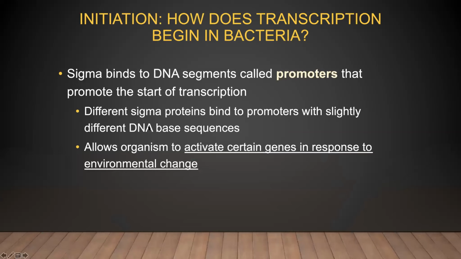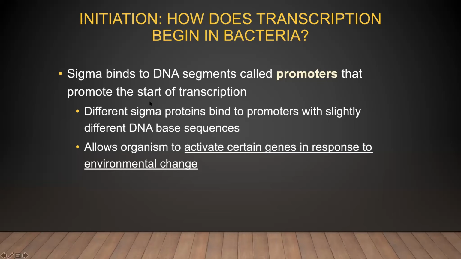All right. So how does sigma then know where to bind on this DNA segment? This is known as the promoter region. We will see that promoters are required for both bacteria and eukaryotic cells. You can think of a promoter as the region of DNA that basically says this is where you need to start to copy down the instructions to make a specific protein.